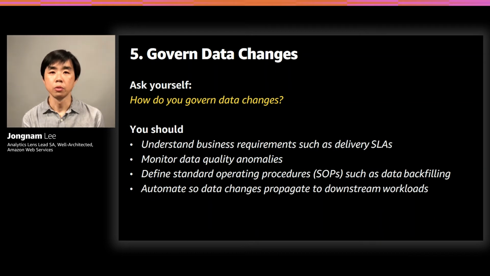The next one is that you need to define your own standard operating procedures, or SOPs, such as data backfilling, so that your operations team and DevOps team can follow the standard operating procedures to manage the data changes accordingly. Finally, you also need to think about the automation of data change propagation.